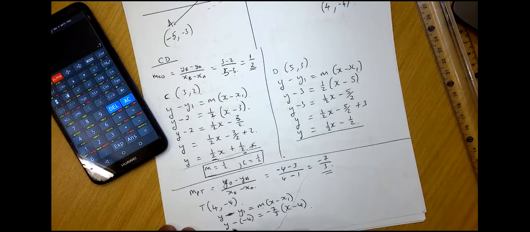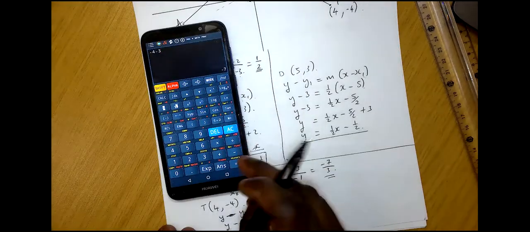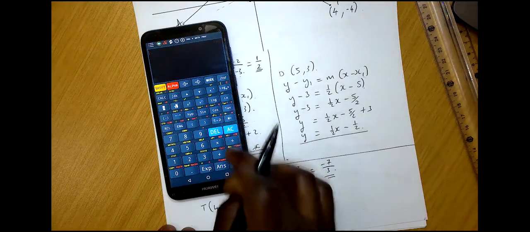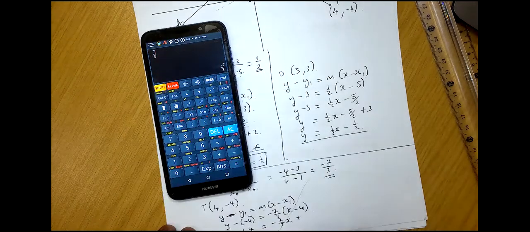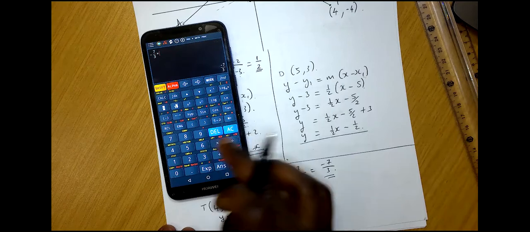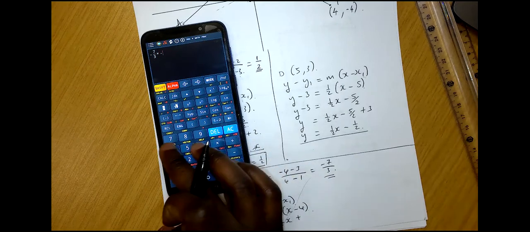Then what do we have here? y plus 4 is equal to negative 7 over 3 x plus, negative 7 over 3 times negative 4.